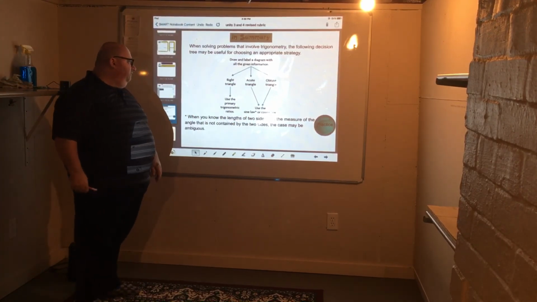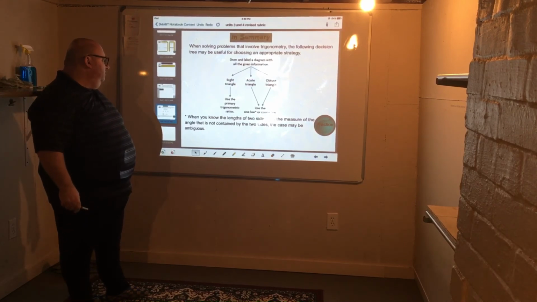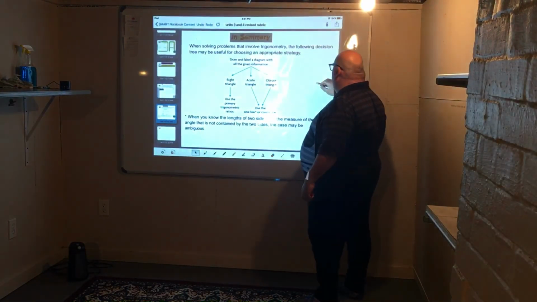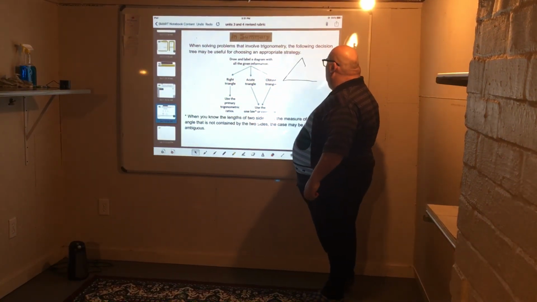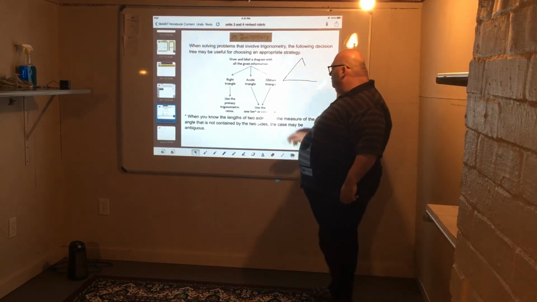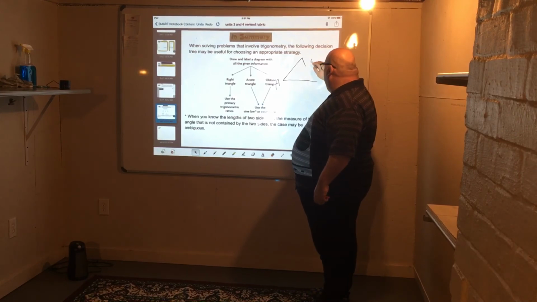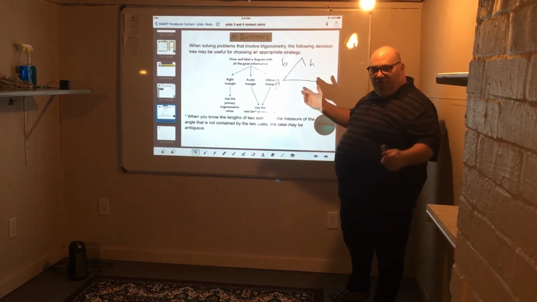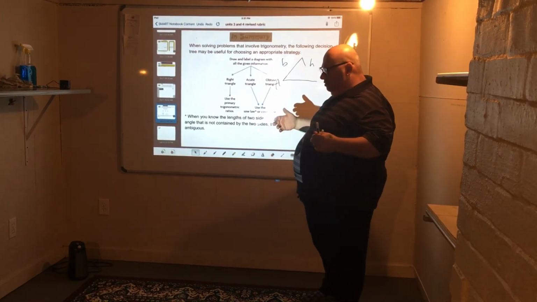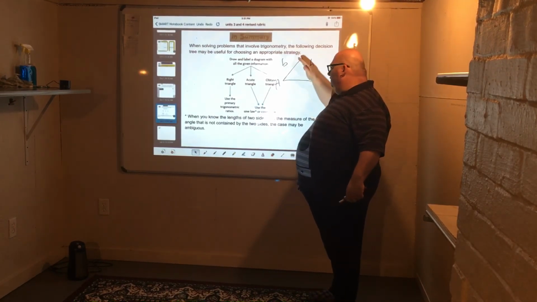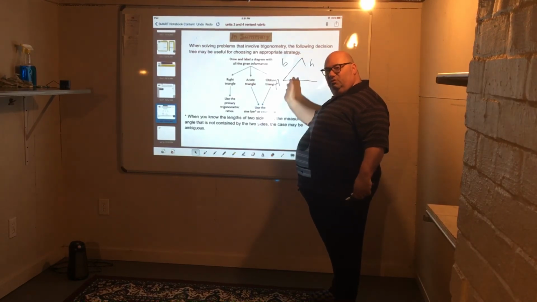So when you know the lengths of two sides and the measure of an angle that is not contained between the two sides, the case may be ambiguous. You will remember from a previous lesson that my suggestion was always, in determining these, draw what I call the broken triangle, so that this becomes your angle, this is your H over here, and this is your side B. We use our broken triangle to figure out whether this height is going to be a right angle triangle, an acute triangle, or an obtuse triangle.